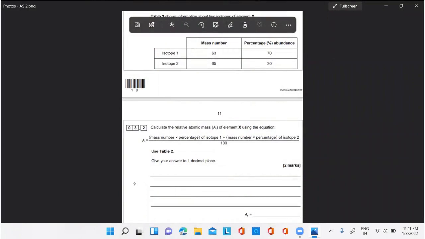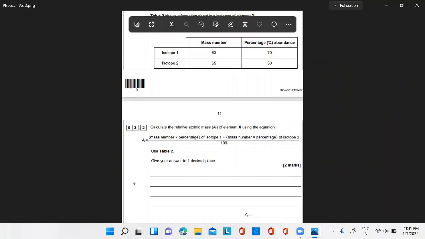This question is taken from AQA GCSE Chemistry Foundation Tier Paper 1 F Code Thursday 17th May 2018 paper. So a table has been given with 2 isotopes whose mass numbers are also given to us.